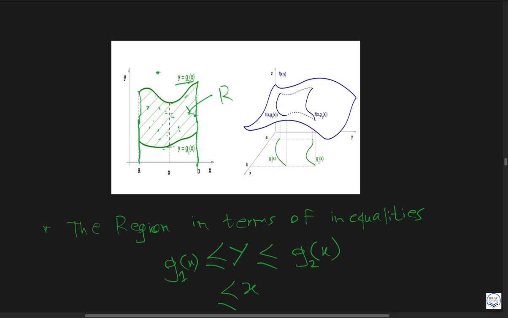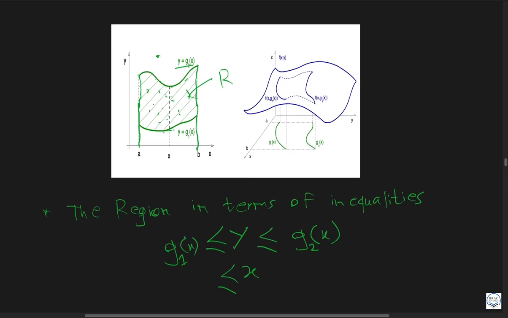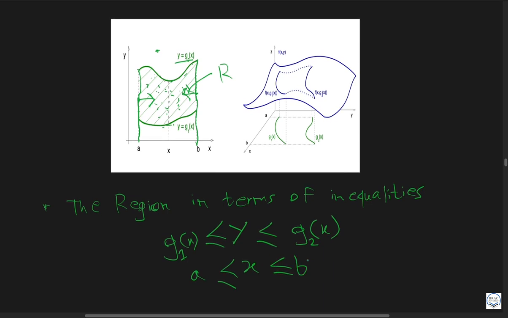And similarly, we'll look at the x coordinates now, which are quite simple because the x coordinates are not bounded by functions, they are bounded by constants. Excuse the bad drawing. So the x coordinate is definitely in this region.